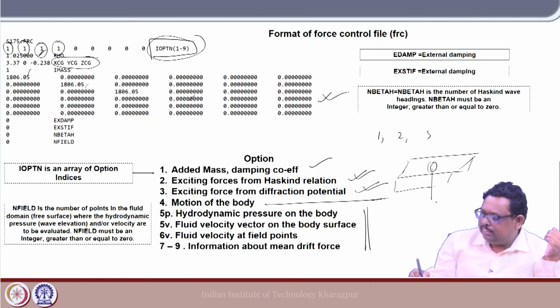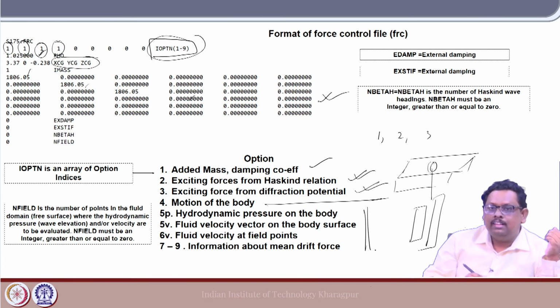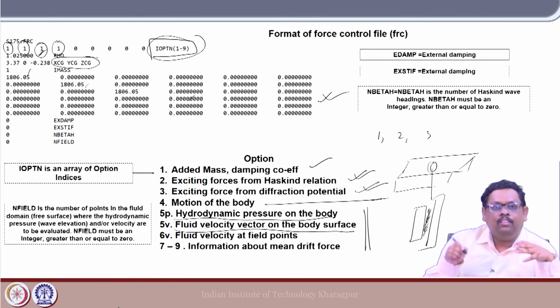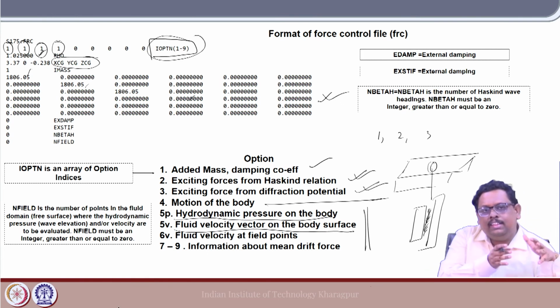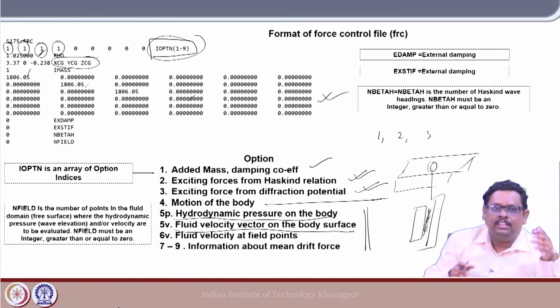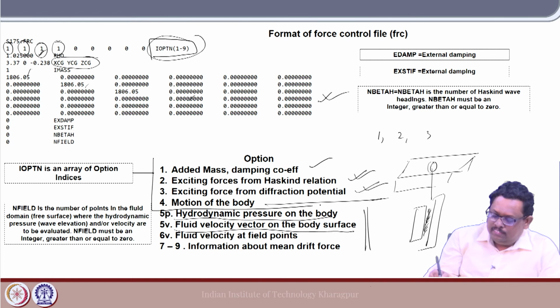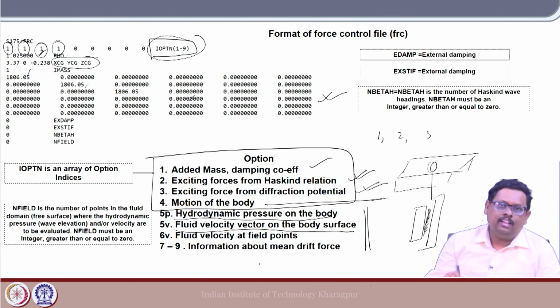Or let us say there are 2 bodies side by side, and you want to find out what the fluid in between is doing, what the resonating situation is. At that time you need the hydrodynamic pressure on the body surface. Those are the special situations when you need all this information also. Otherwise, normally we use this for the standard case, right.